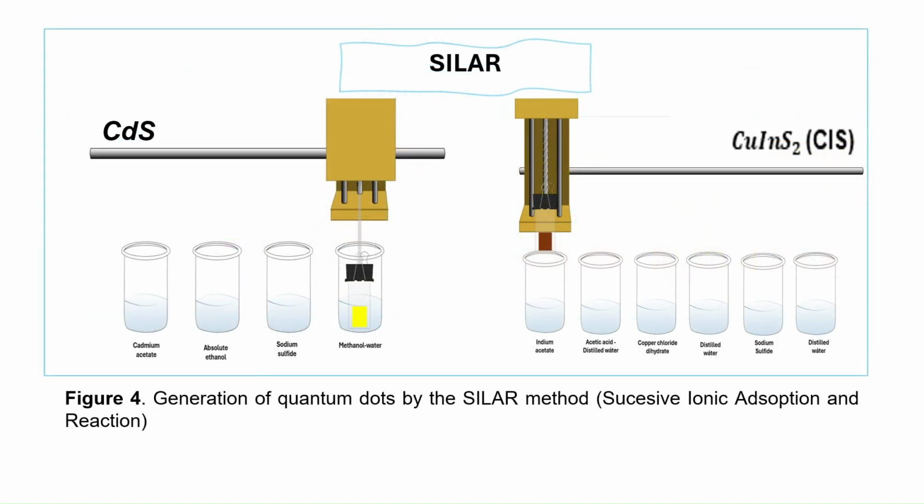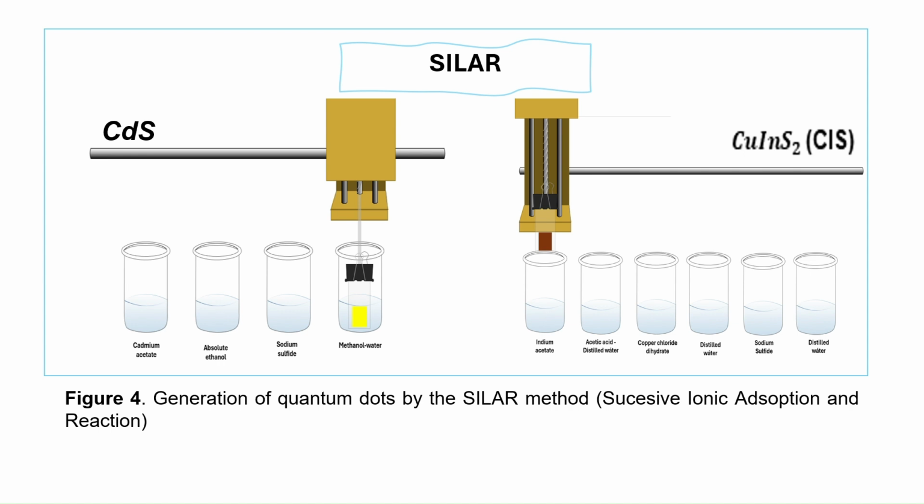As photogenerators are the CIS and CdS quantum dots, which are deposited by the SILAR method as follows. For the CIS quantum dots, the sample is first dipped in the indium acetate precursor, then allowed to drain out of solution, then dipped in an acetic acid water solvent, which acts as a remover of excess ions, then dipped in the copper acetate precursor, then it is immersed again in a deionized water solvent.